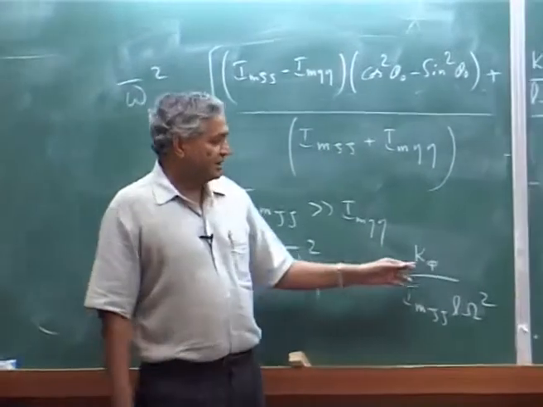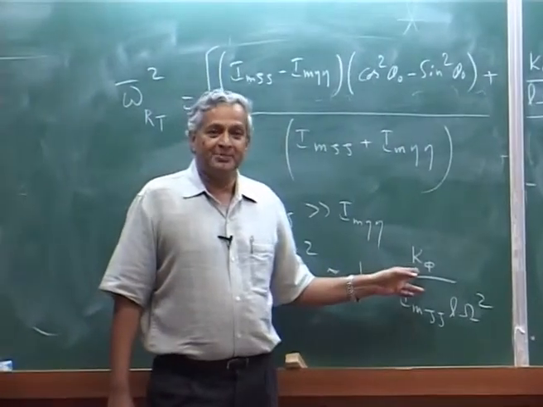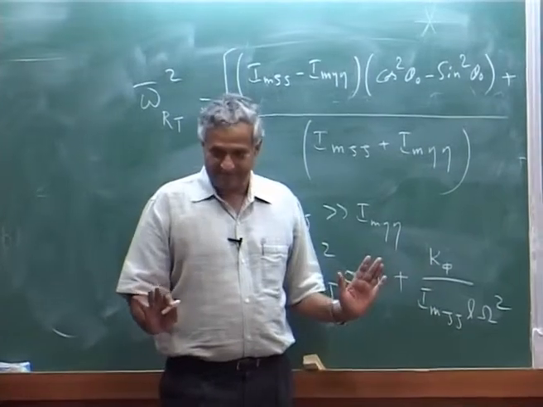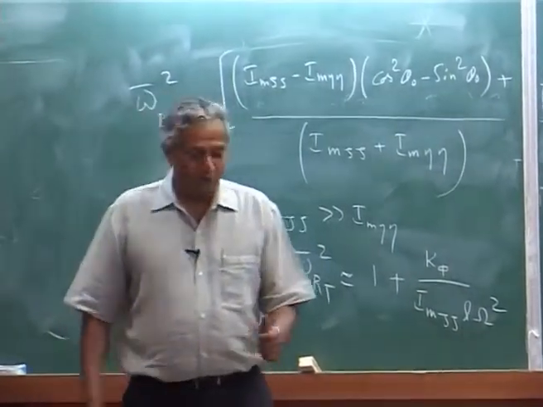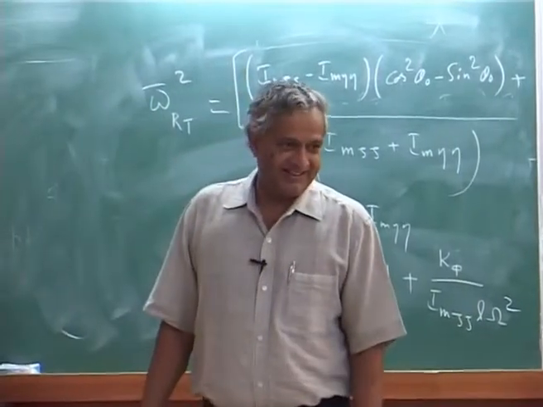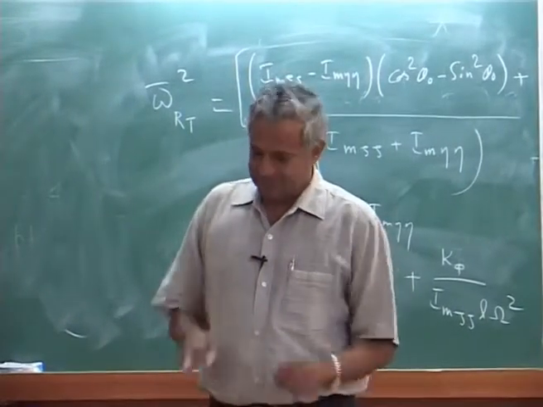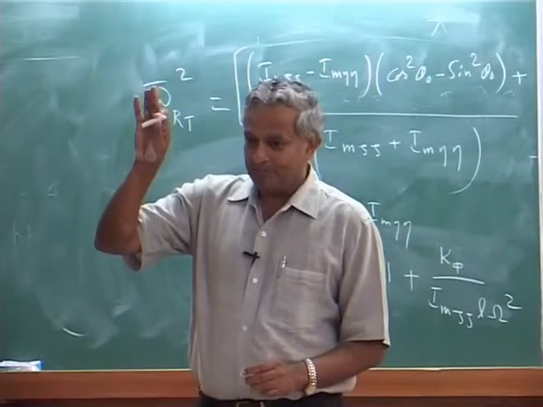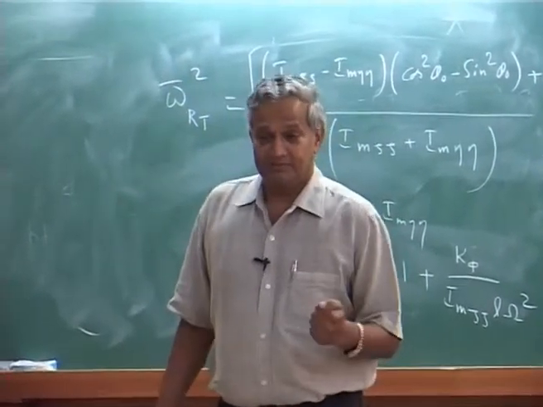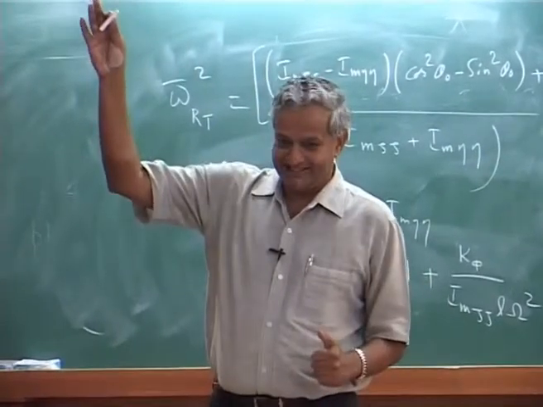But usually, the control system has a sufficiently large stiffness because you don't want the control rod to be soft. Because whenever you give an input, it should faithfully go immediately, and there should not be any phase difference between this and that.